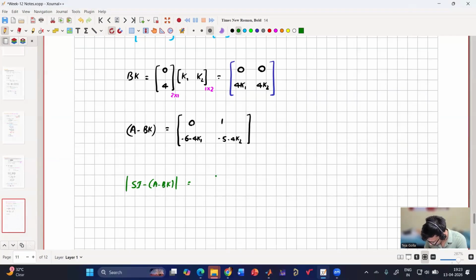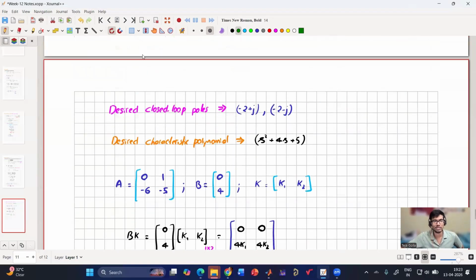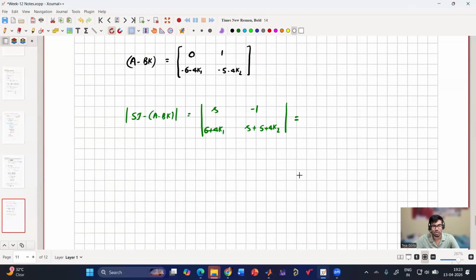So here we'll have s, then minus of minus 1 is minus 1, and here we have 6 plus 4k1. Here you have s plus 5 plus 4k2. The determinant of this is equal to our characteristic polynomial, which is given by s square plus 4s plus 5. So this should be equal to the desired one, which is given.